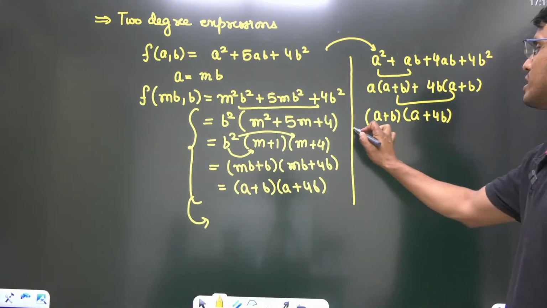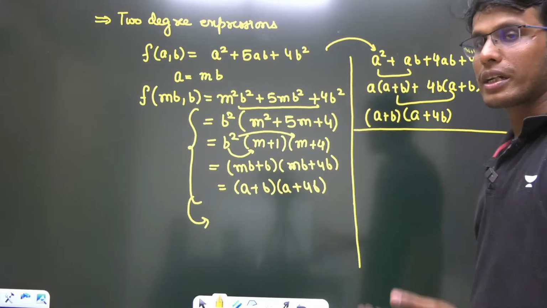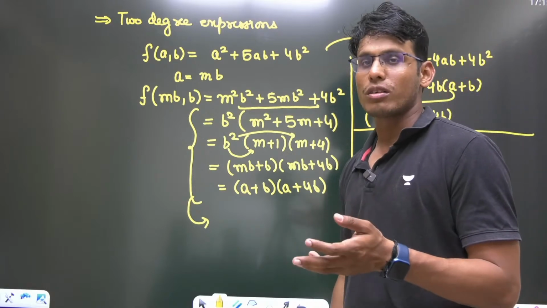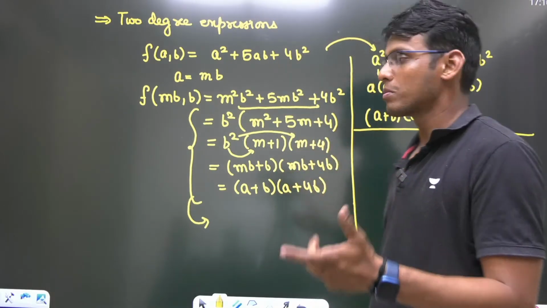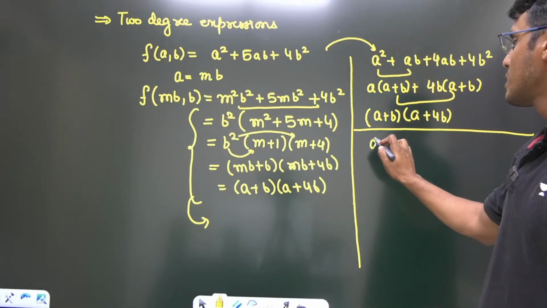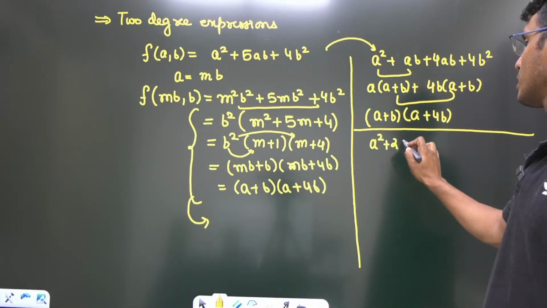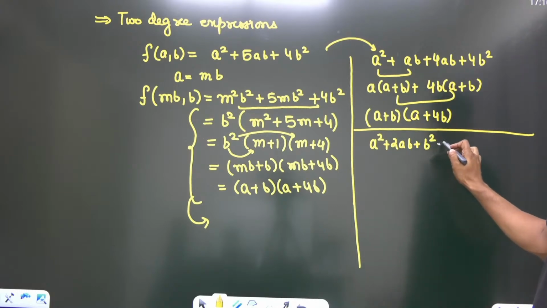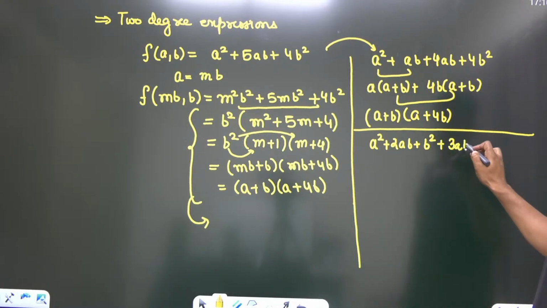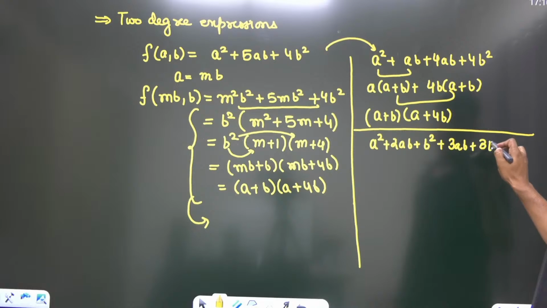See, what he's trying to do, this method is particular to this question. So we should not go forward in those methods which are particular to particular problems. What he's saying is, let's make it like this. We are left with 3ab plus 3b square.